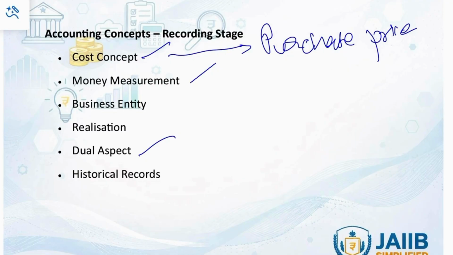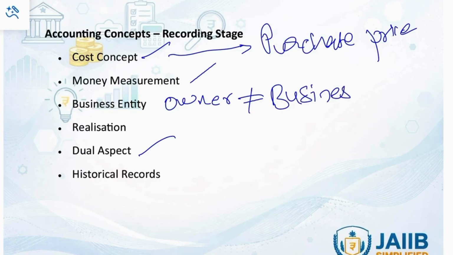Next, business entity concept. This separates the owner from business. This means capital is treated as liability and personal expenses are excluded. What business entity concept tells us is owner is not equal to business. Business is separate entity from owner. Next, dual aspect concept.